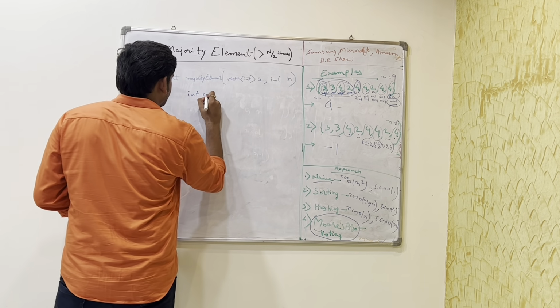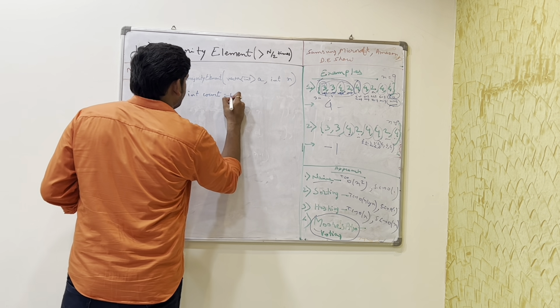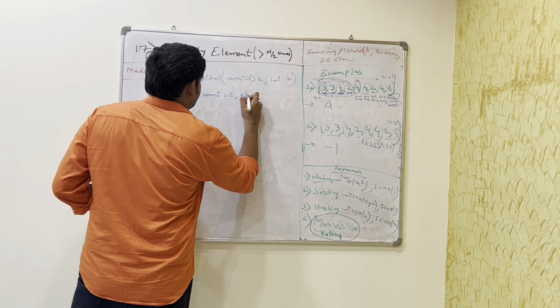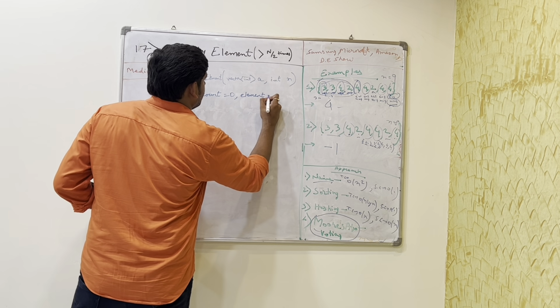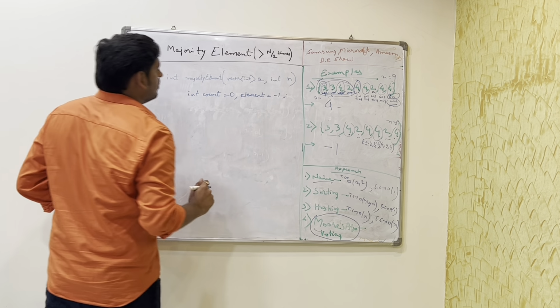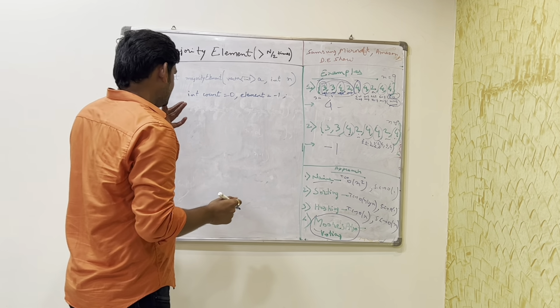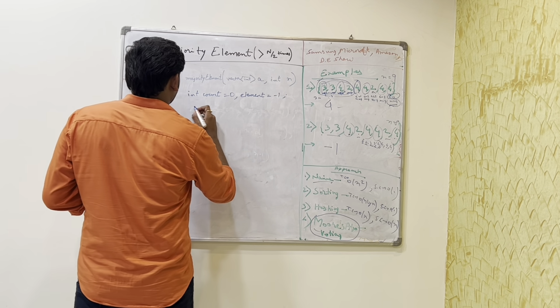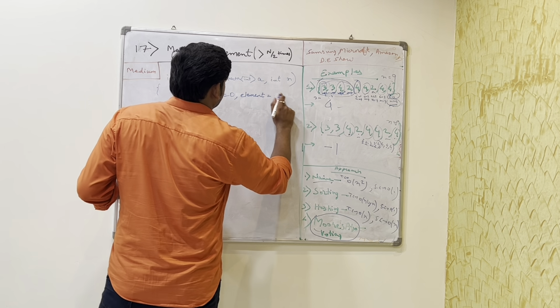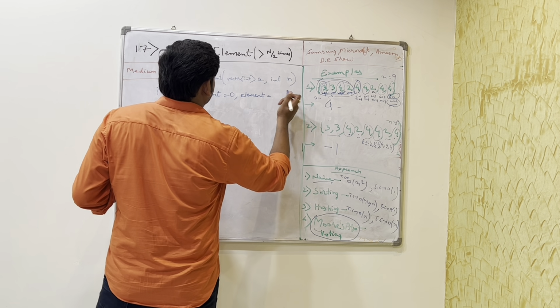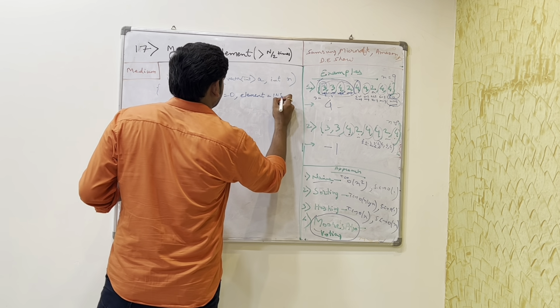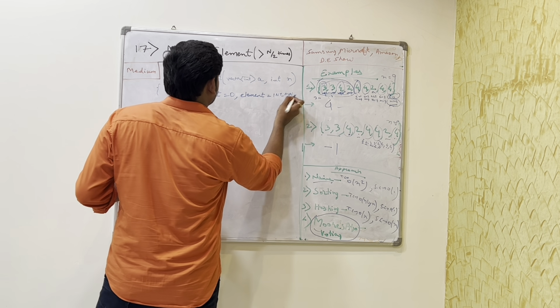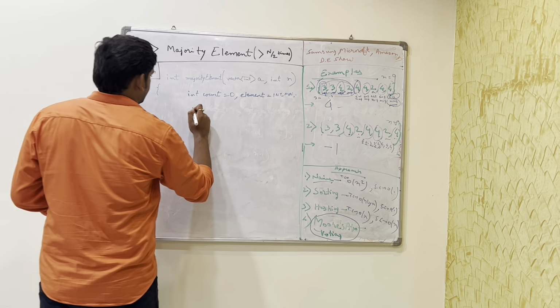So we have int count equal to 0, and an element, say we store -1 if there is nothing. Anything we can store, or we don't need to store it also. It could be an int min value also, right? Yeah, anything, because -1 could be present in there.